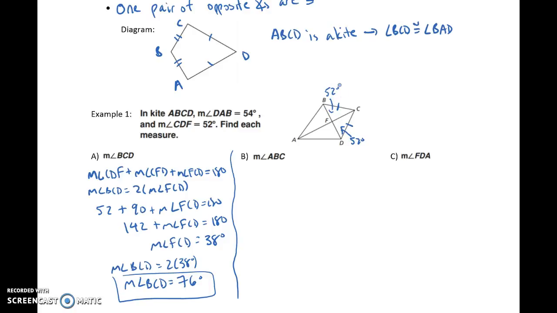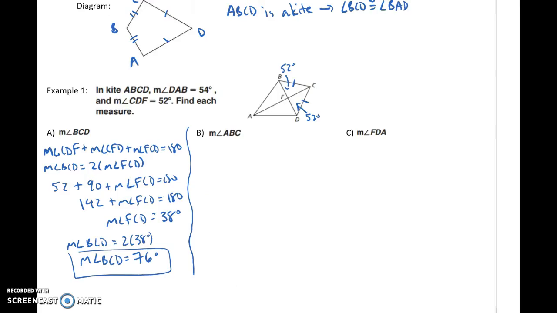And then we know angle DAB is 54 degrees. And like I said earlier, because of CPCTC, when you prove these two triangles ABC and ADC are congruent, we can cut this angle in half. So 54 divided by 2 is going to give me 27 degrees, right?